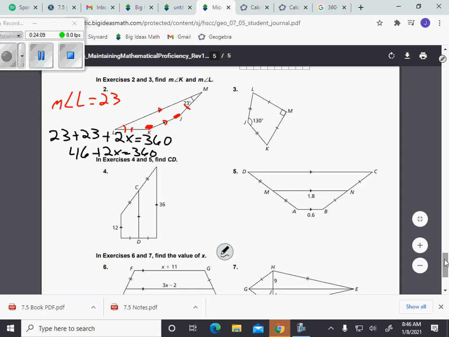Subtract 46, I should get 2x is equal to 314, and x is going to equal 157. So I know that the measure of angle K equals 157.